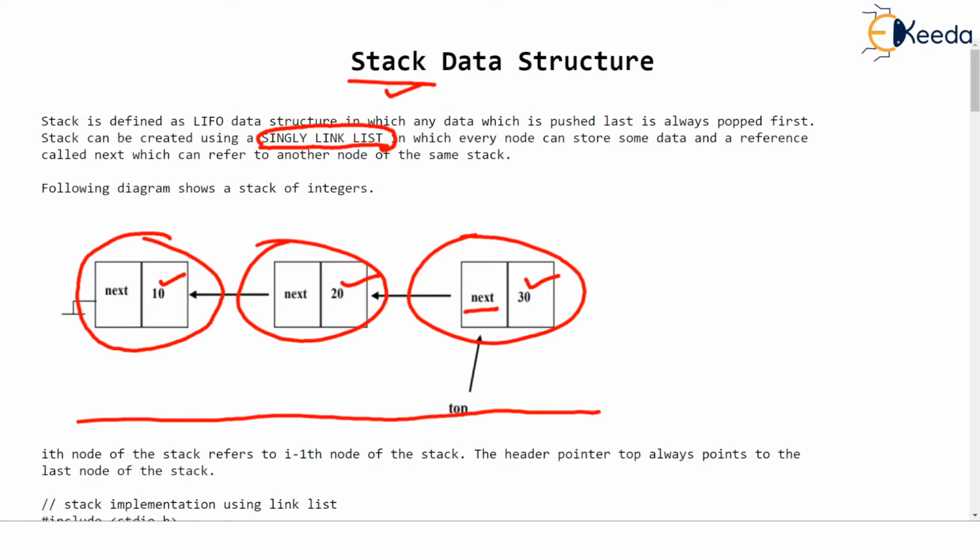As it is a pointer, a pointer always points to or stores the address of another node. Similarly, this next is storing the address of, or points to, another node. Now, this next in the node which stores 10 does not have any other node to point to. So, this next pointer is null, and null means nothing. This pointer will not store anybody's address.